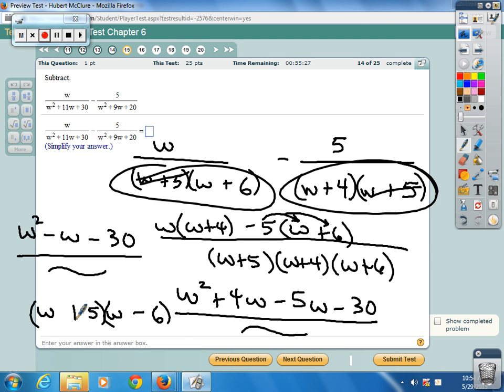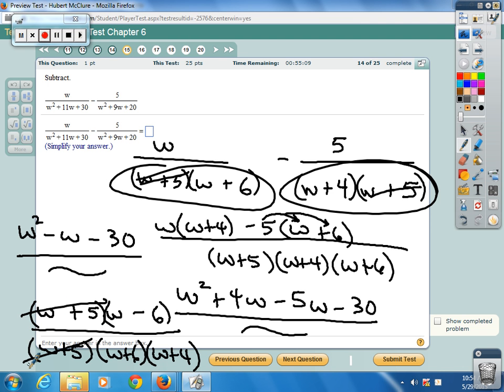This is unlike. Over W plus 5, W plus 6, and W plus 4. And the W plus 5 is canceled. That leaves you with a final answer of W minus 6 over W plus 6 times W plus 4.